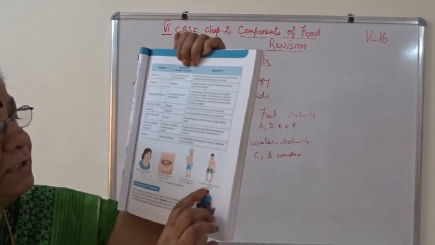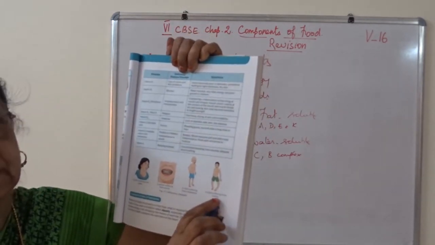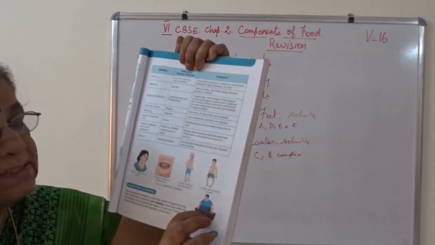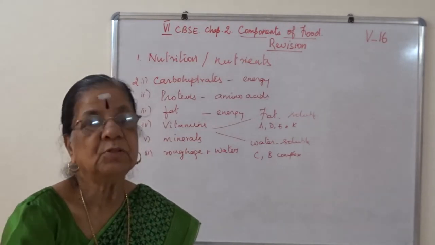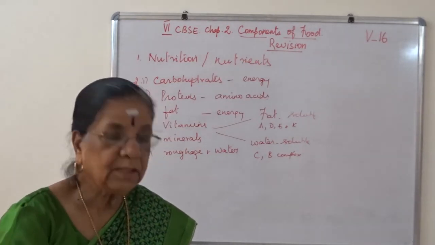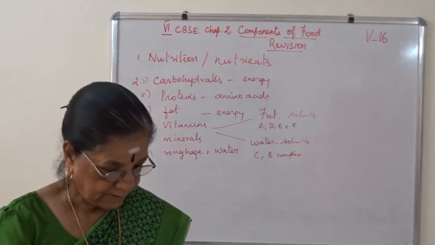In the same way, rickets, a child suffering from rickets. It is obesity. Obesity that you need to understand in the figure.